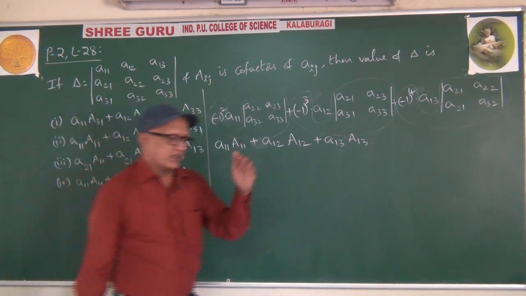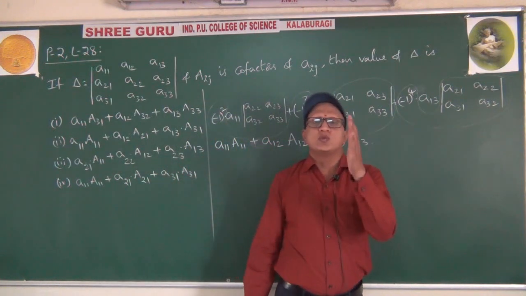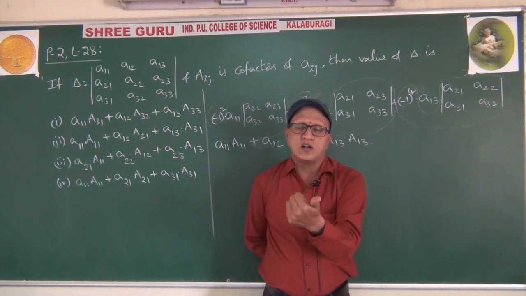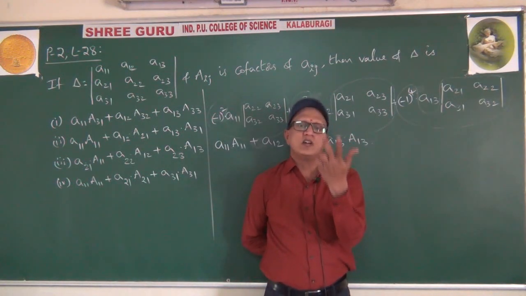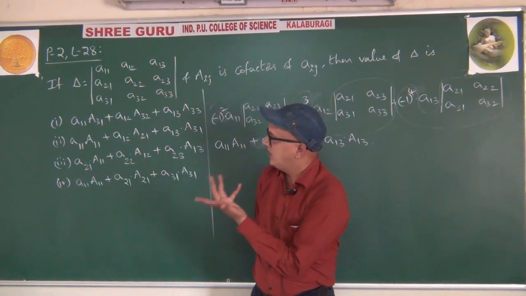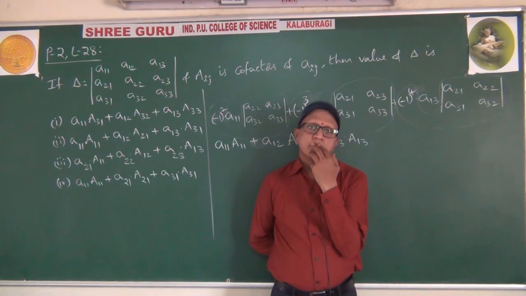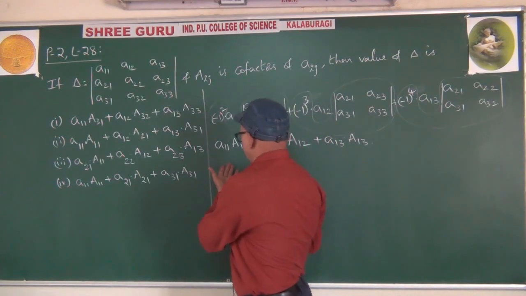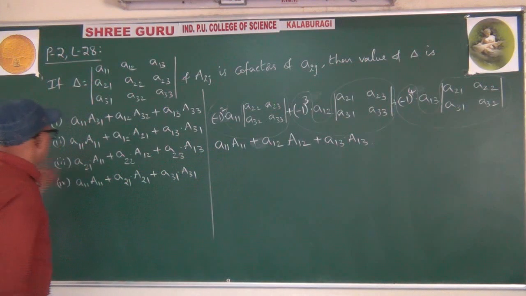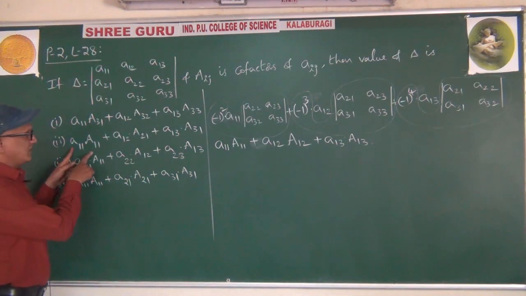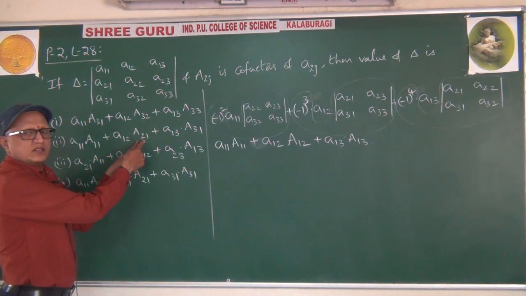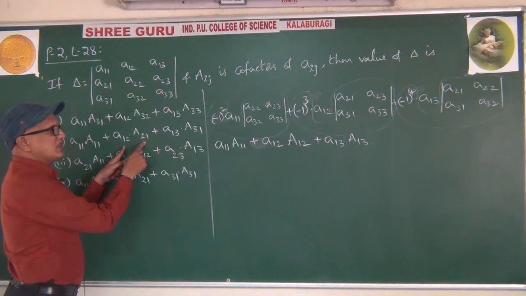If we expand the determinant by using the first row, how many other methods are there? By using the second row we can expand, by using the third row, first column, second column, third column we can expand. So which one did they give among these four? By using the first row we got A11 A11, A12 A12, A13 A13. Is this answer here? Let us see. A11, A11 yes. A12, A12 is not there.